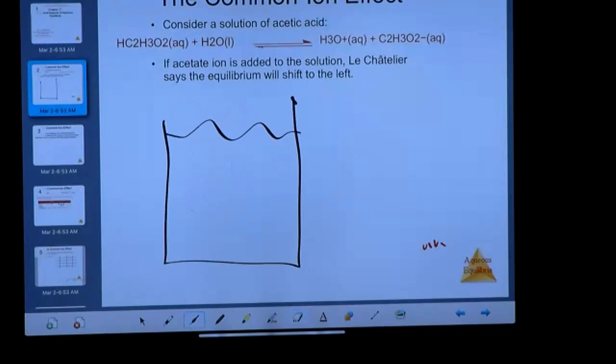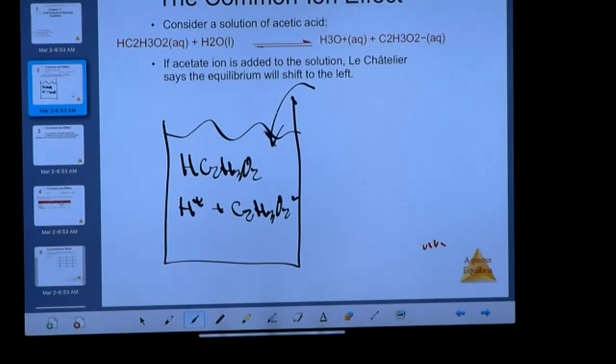There we go. All right, so we have HC2H3O2, and it's breaking up into H plus and C2H3O2 minus. Are we comfortable with that? All right, if I come along and add what we call a common ion, which would mean it's an ion that's similar, so C2H3O2. So I don't add like acetic acid, I add it as something that will dissociate.